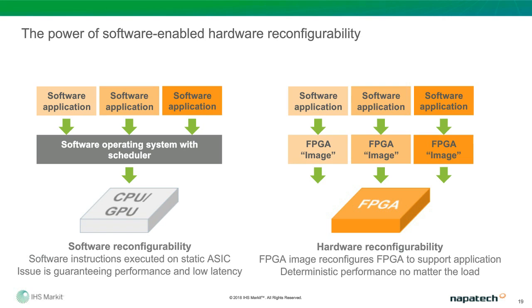So the reconfigurability is really in the software, where you can have different instructions that can be processed on the CPU or the GPU. But the issue is actually guaranteeing performance and low latency with this. Especially if you take the example of a GPU, there's a number of actions that can be defined on different cores to be performed on data packets. But depending on what kind of packet is coming in and how many actions have to be performed on it, you're going to see different timings for how long it takes to process that packet.